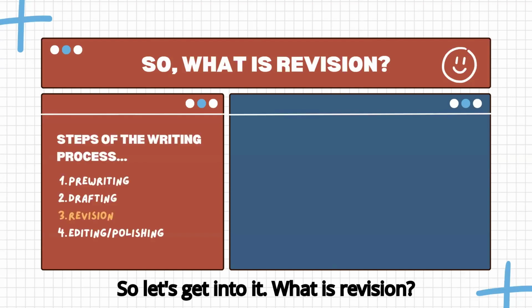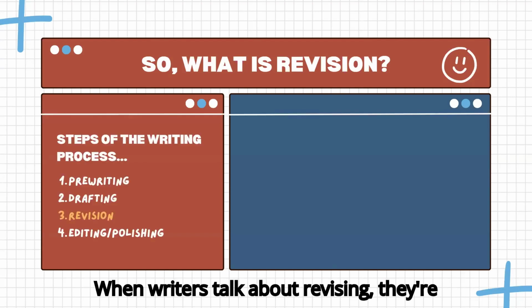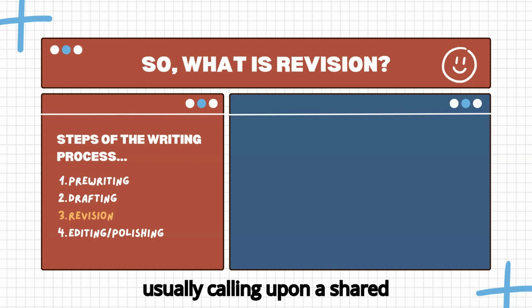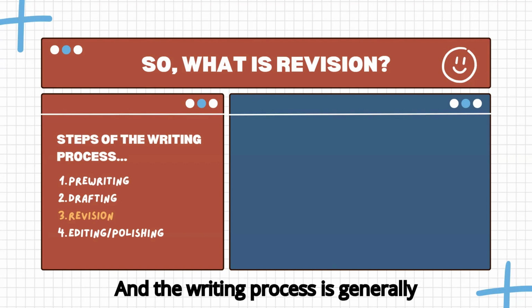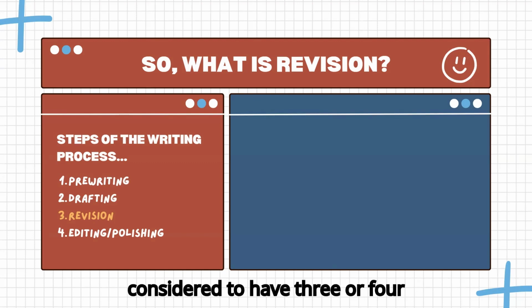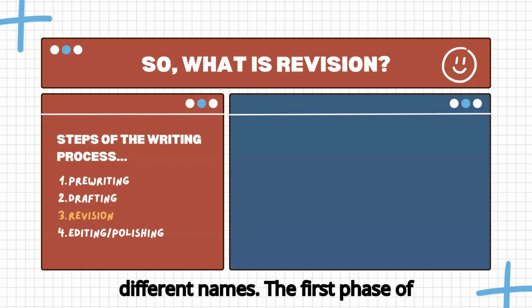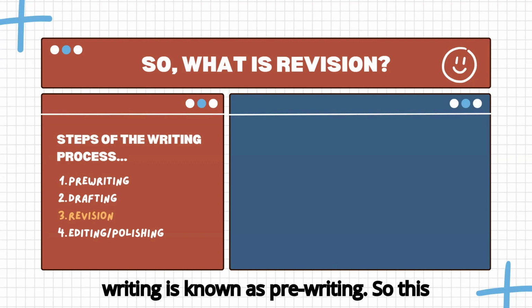What is revision? When writers talk about revising, they're usually calling upon a shared understanding of the writing process. And the writing process is generally considered to have 3 or 4 phases that all kind of fall under different names. The first phase of writing is known as pre-writing.